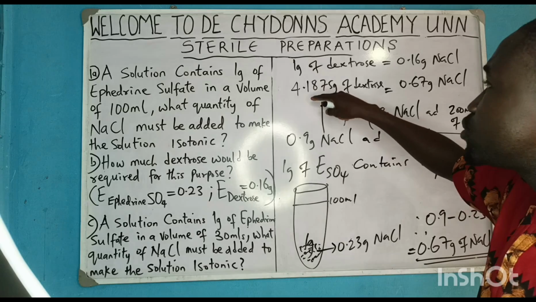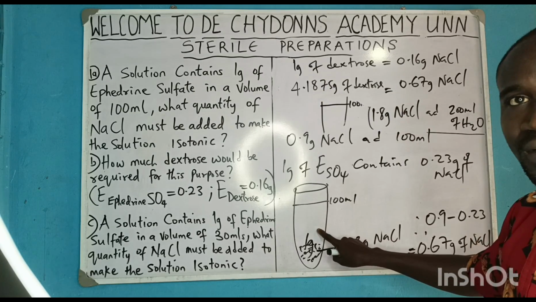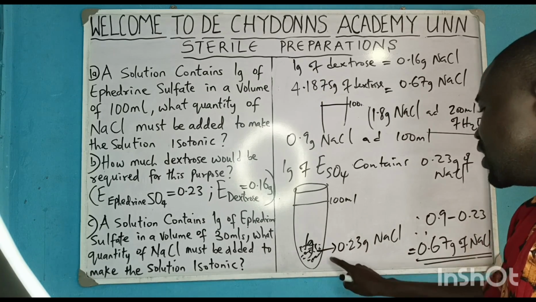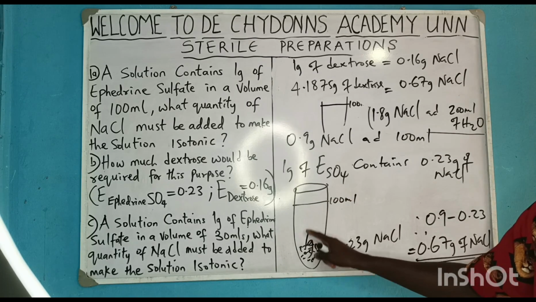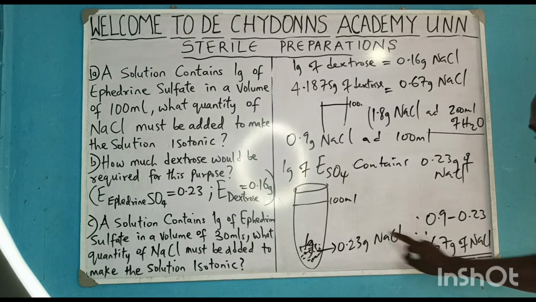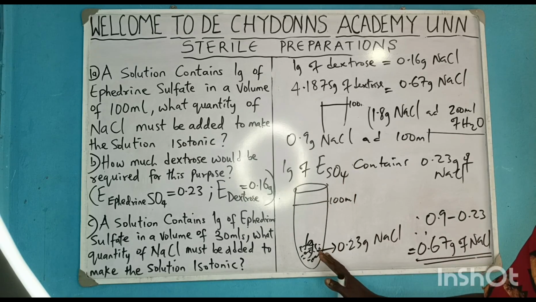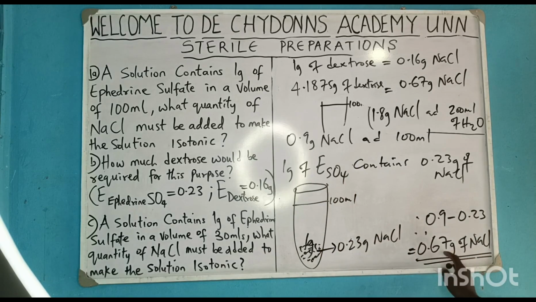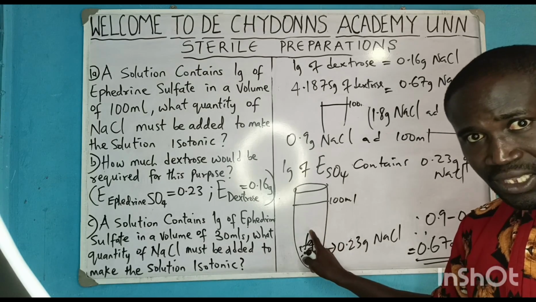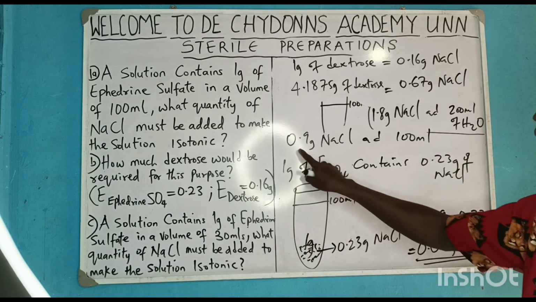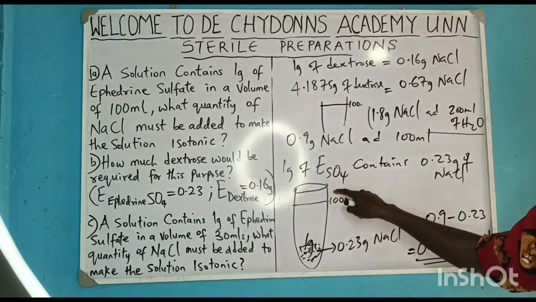When I weigh 4.2 gram of dextrose and put it here, it has taken care of this solution, it has made it isotonic. The same way, if you carry this 0.67 gram of sodium chloride and put it here, this is isotonic, because this plus this is 0.9 that we are looking at to make it 100 ml.